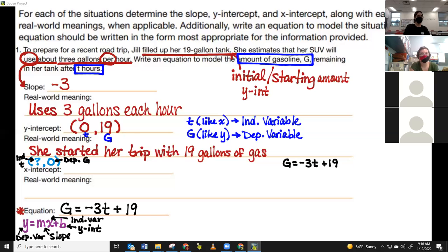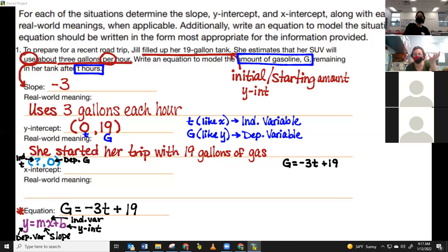I will. Yes, that is exactly the process I'm going to do. But before I do that, I have to substitute something in. I need a number in there, or else I'm still going to have two unknown things. Math is really good at finding stuff, but only one thing at a time. So which piece of information do I know on an x-intercept? Do I know my independent variable, or do I know my dependent variable?